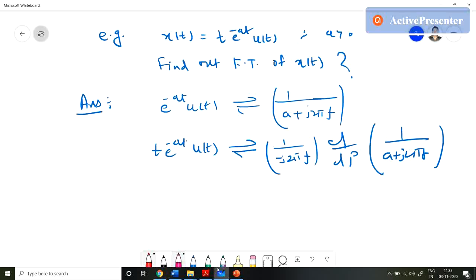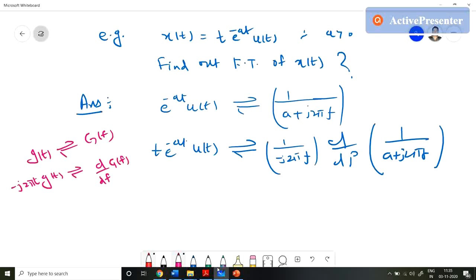According to this differentiation property, if we have a signal g(t), and if the Fourier transform is G(f), then if we multiply g(t) with j 2 pi t, the Fourier transform will be equal to d by df of G(f).